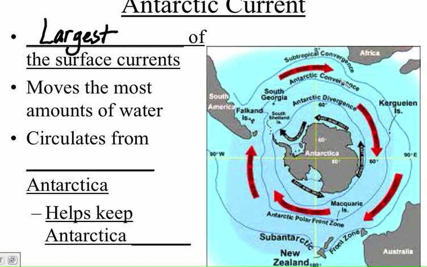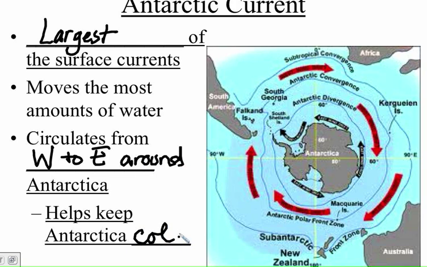Now, of course, being at the poles, this is going to be a very cold current, but it's simply circulating west to east around Antarctica, keeping that cold water in that area, not skipping up to the equator to warm up, but keeping all of that cold water circulating around and kind of insulating Antarctica to keep it cold and frozen most of the year round.